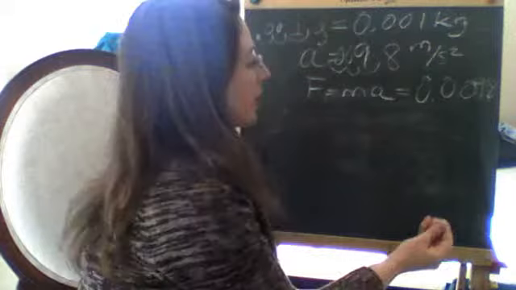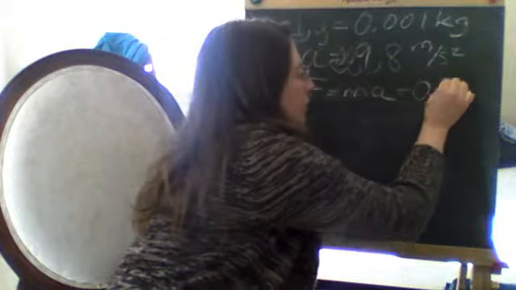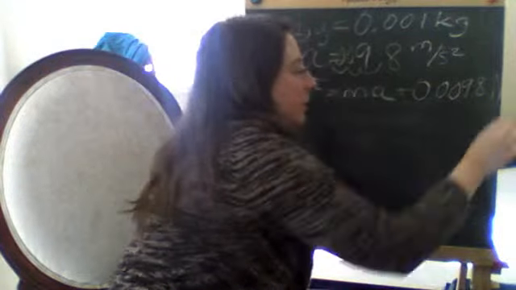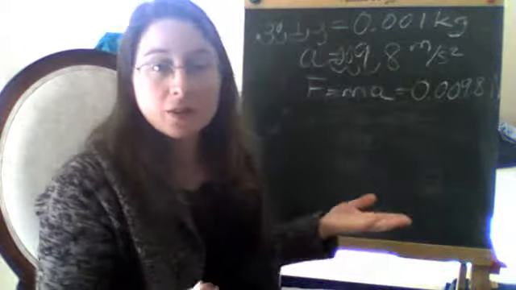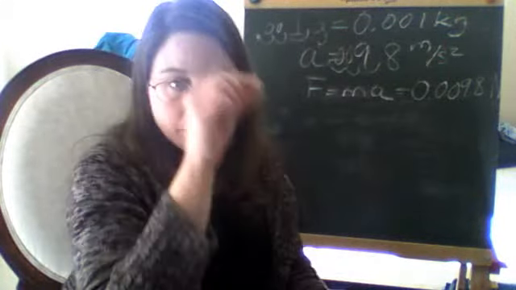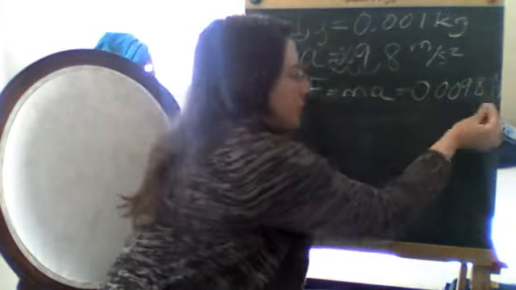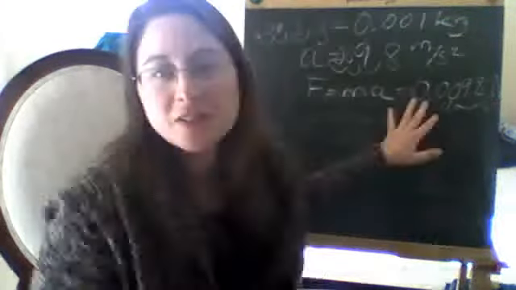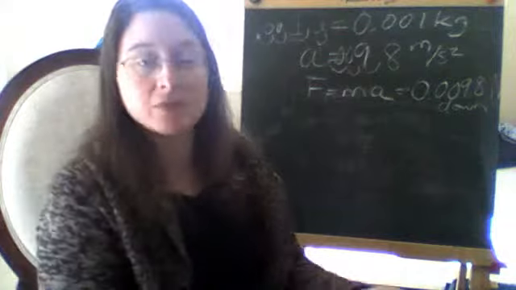And you guys remember, a kilogram meter per second squared is a Newton. So 0.0098 newtons. That's the force with which the chalk is pulled down toward the center of the earth. Because, of course, every force needs a direction. So 0.0098 newtons down is the force acting on this chalk when it falls.